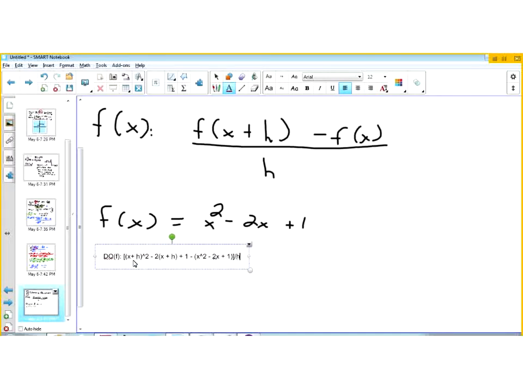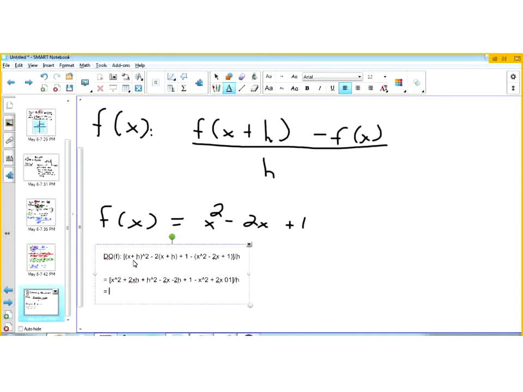Sorry about that. Okay, so there's our difference quotient. And so we'll simplify it. So that's equal to x squared plus 2xh plus h squared minus 2x minus 2h plus 1 minus x squared plus 2x minus 1. And we take all of that and we divide it by h.